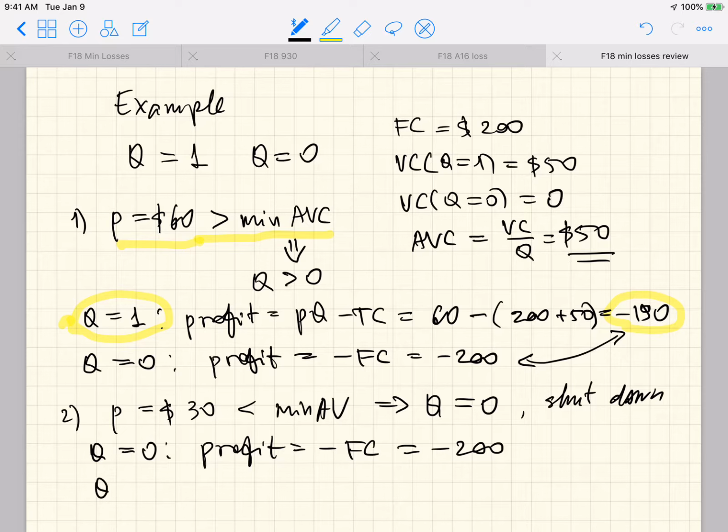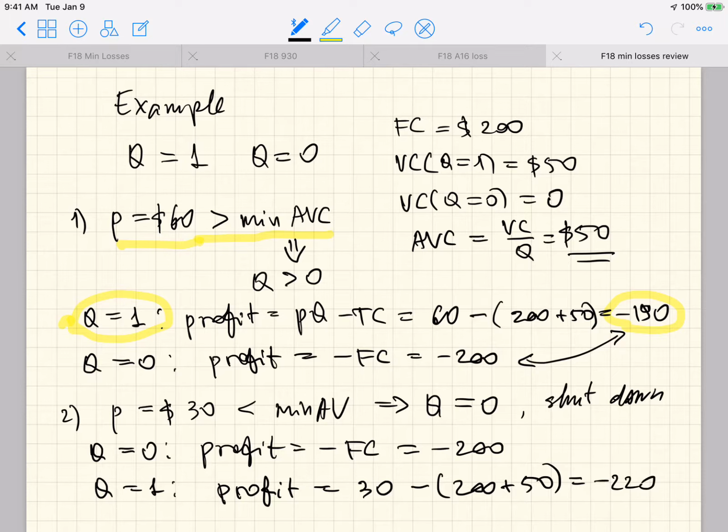Okay, what will happen if we choose to take an order and run this truck for the day at this price? Well, it will be 30, right? That's what you will get in revenue, minus total cost, which is 200 plus 50. So that will be minus 220.